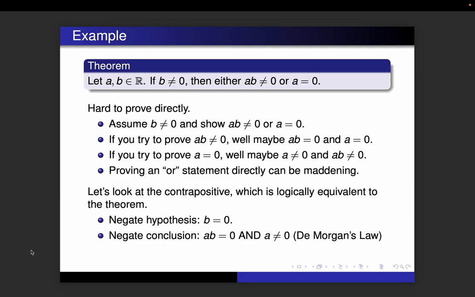So negating that conclusion means that AB equals 0 and A is not equal to 0. And then we flip the hypothesis and conclusion for the conditional statement. So our contrapositive is if AB is equal to 0 and A is not equal to 0, then B is equal to 0. And already we can see this one might be a little bit easier to handle.